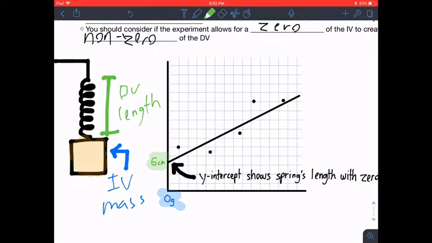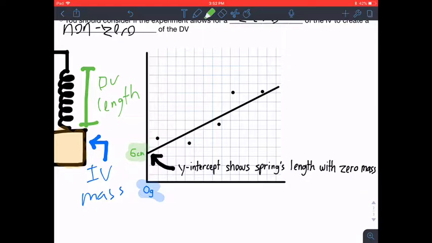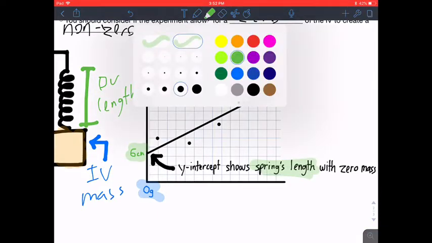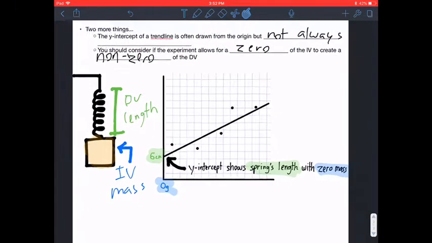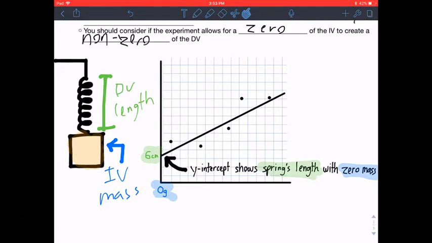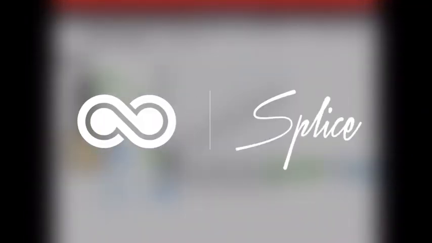And so it actually makes sense that the y-intercept would not be at 0. In this case, the y-intercept shows the spring's length with 0 mass. Okay? Once again, most physics experiments are going to have a y-intercept of 0, but not all of them. And it is very important to think about whether your y-intercept should be 0 or not, and what does that mean.